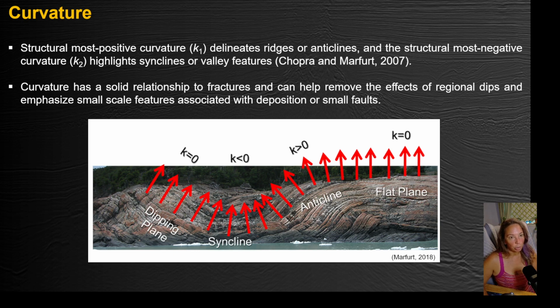Your structural most negative curvature, often referred to as your K2, will highlight synclines or valley features. We found in our research that curvature has a very solid relationship to fractures, and you can also use it to understand and remove the effects of regional dips and emphasize smaller scale features that may be more related to deposition or smaller faults.